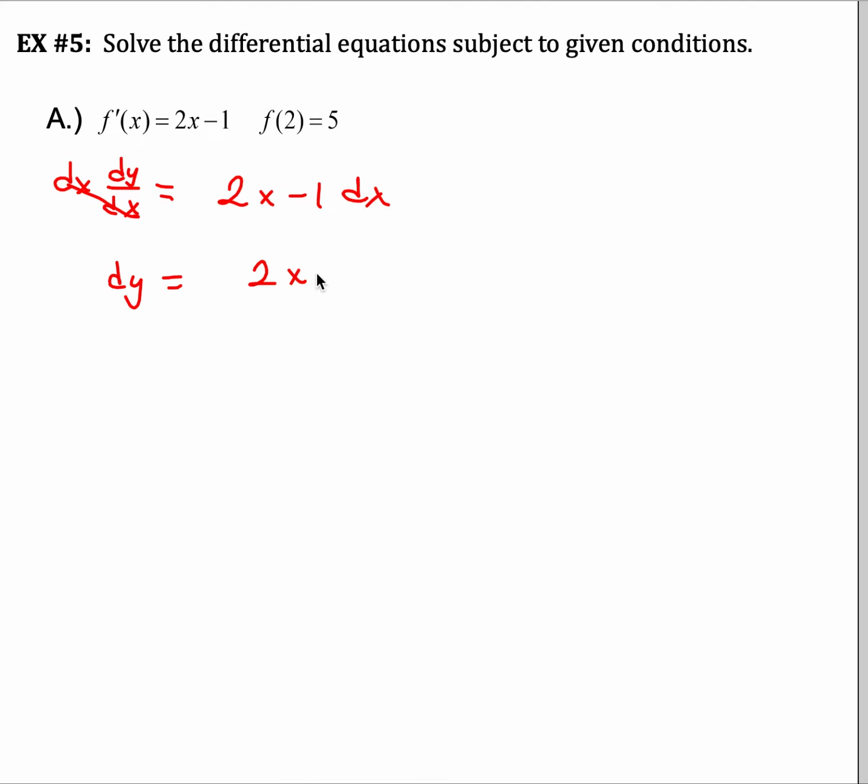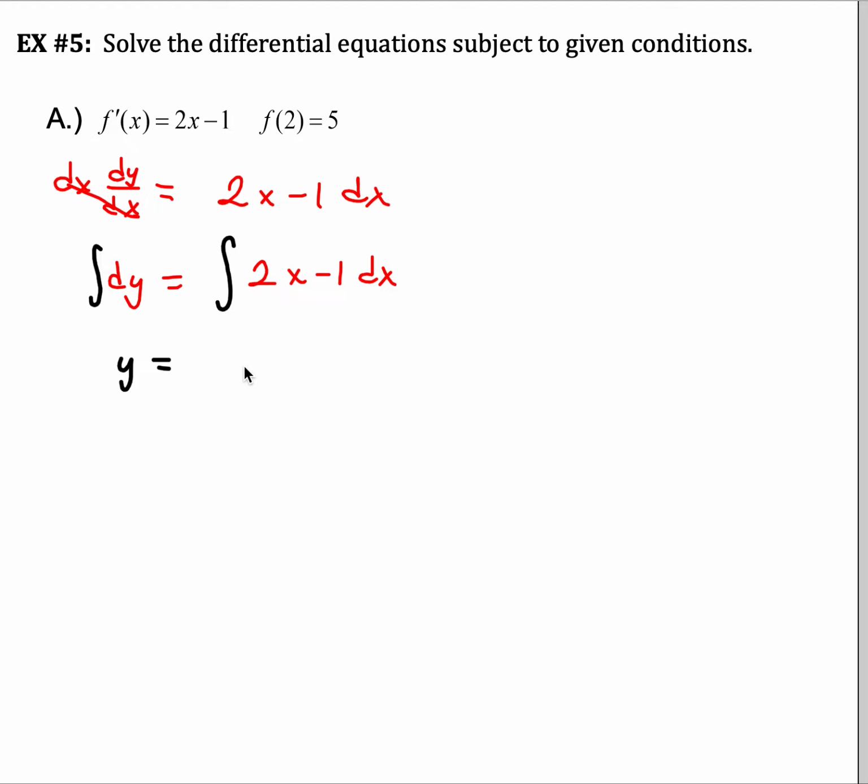And now we have 2x minus 1 dx, right? And what we could do now is we could integrate both sides, right? We're going to integrate both sides, and we already know that the integral of dy, because it undoes the derivative, right, is just going to be y.